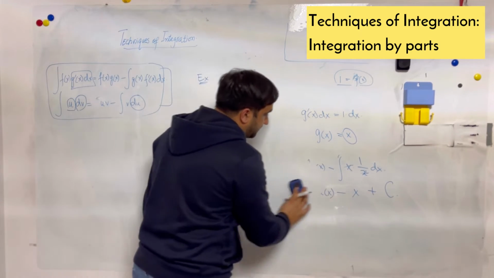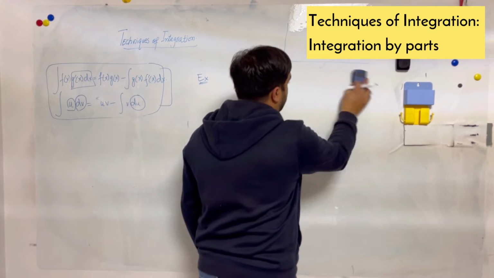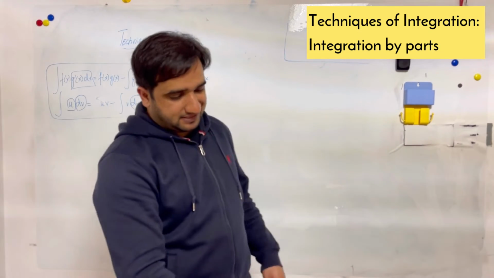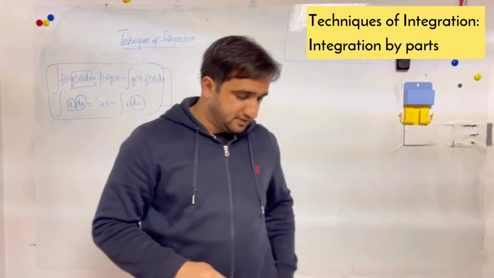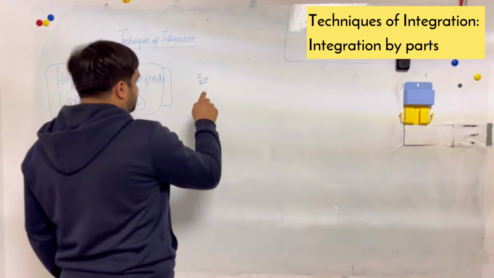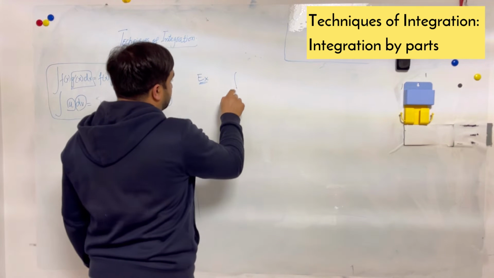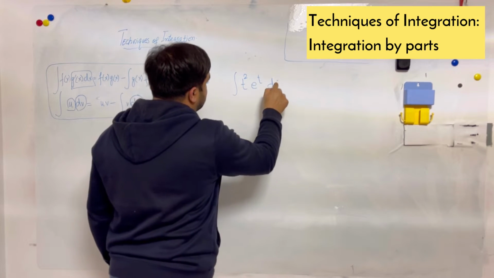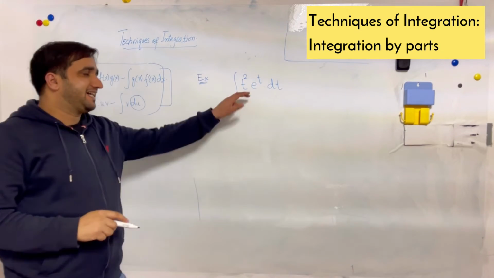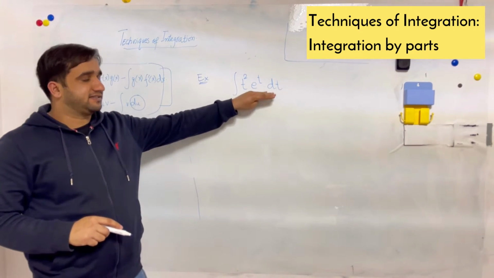Now let's have one a little bit more difficult than this. Integral t square e raised to the power t dt. So the integral is in terms of t, not in terms of x.